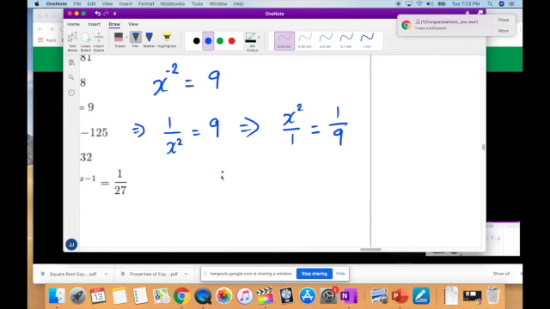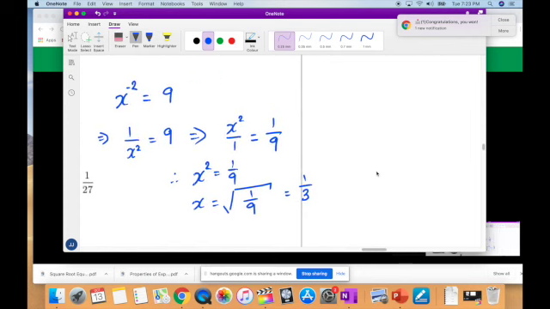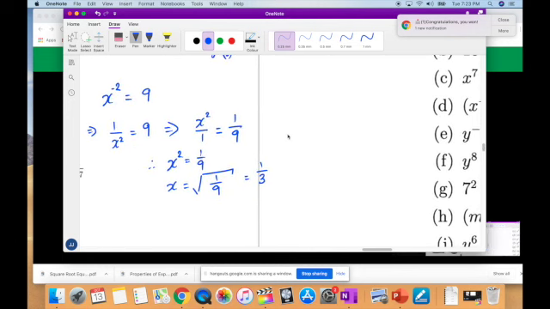So therefore, x squared is equal to 1 over 9. So x is equal to the square root of 1 over 9, which is 1/3. Right? So this is something in algebra that basically works.